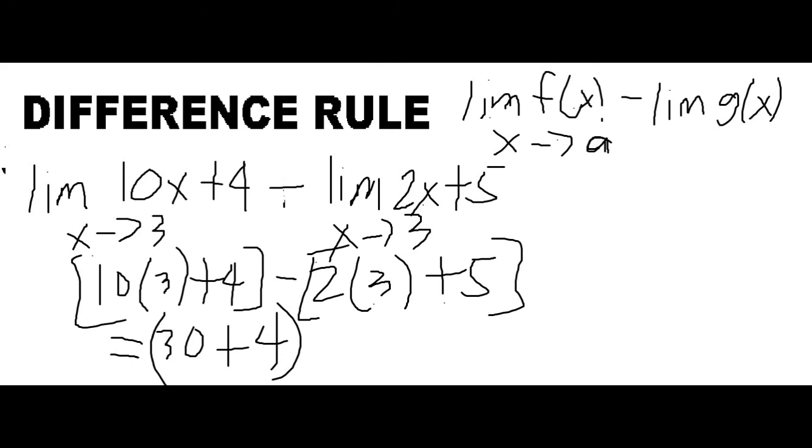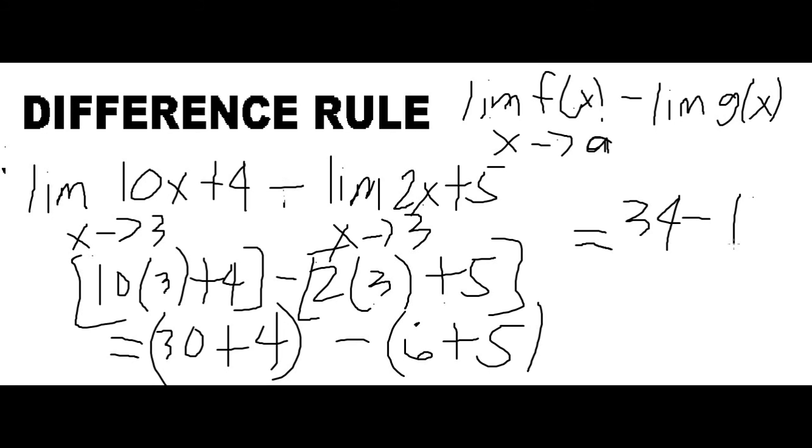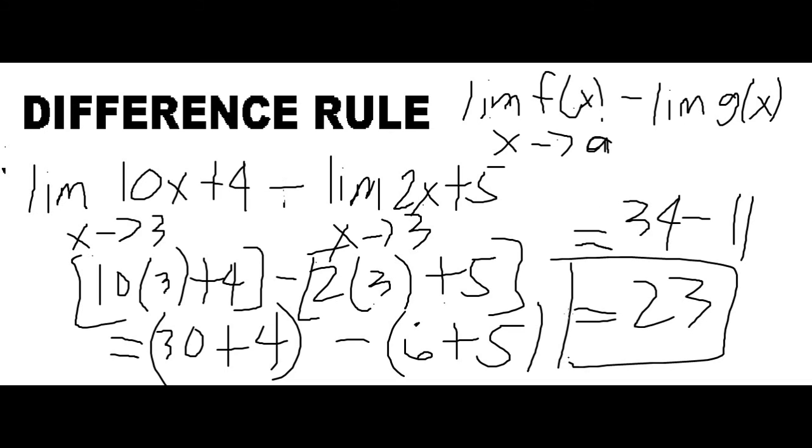So, compute na natin siya. So, we have 30 plus 4 minus 6 plus 5 is equal to 34 minus 11, and the final answer is 23.